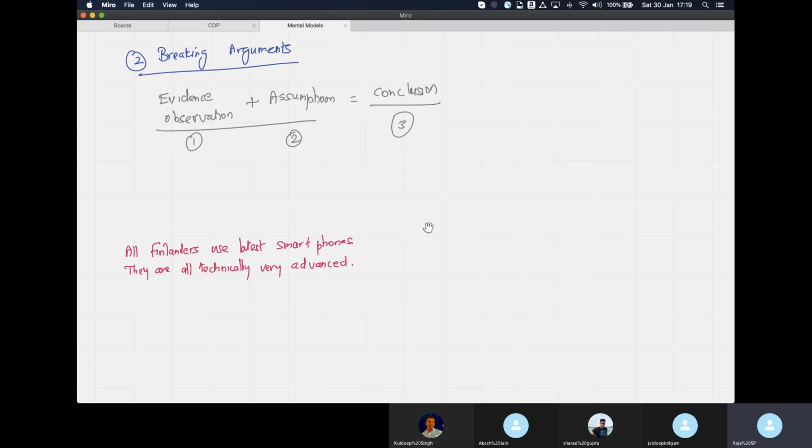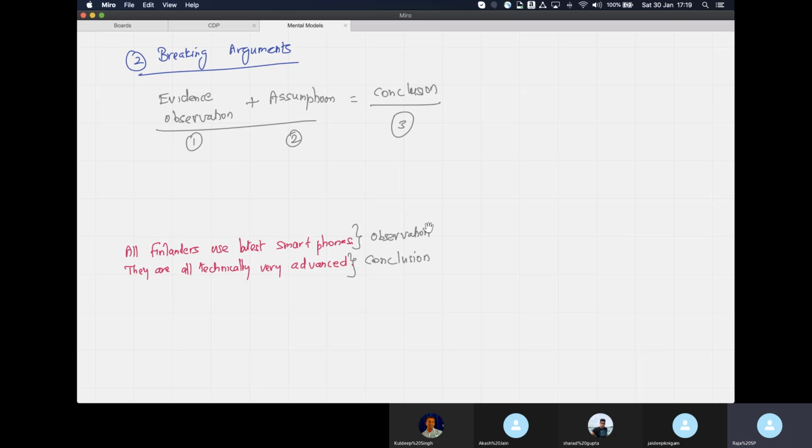Now, if you take this particular example, all Finlanders use the latest smartphone. So this particular part of the statement is basically an observation, or an evidence. And therefore, they are all technically very advanced people, is the conclusion.